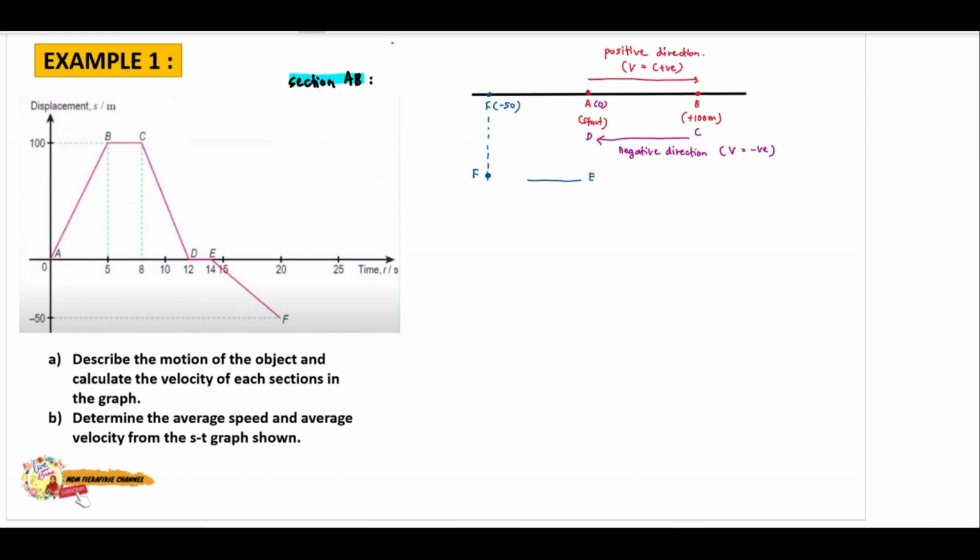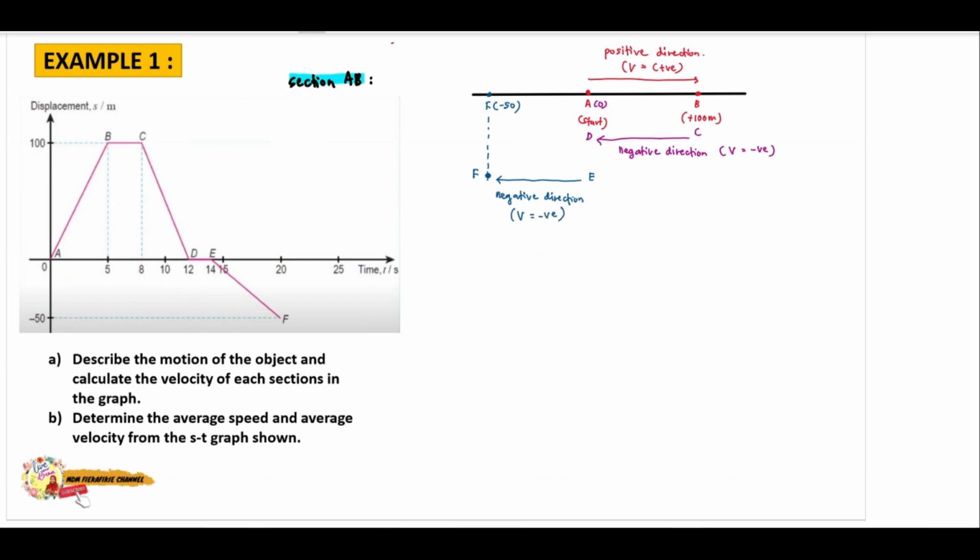Alright, so it's moving in this direction, therefore it's moving in negative direction. Okay, boleh. So bila dia bergerak in negative direction, sama juga velocity dia nanti akan dapat nilai negatif.